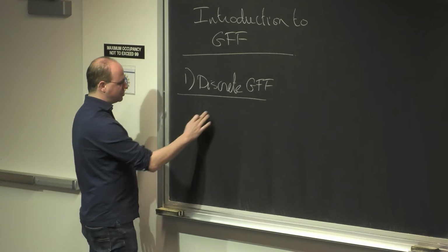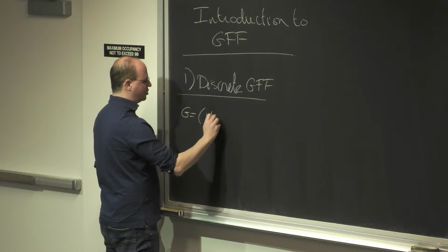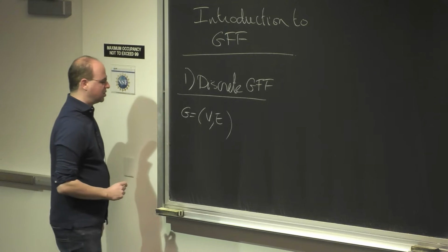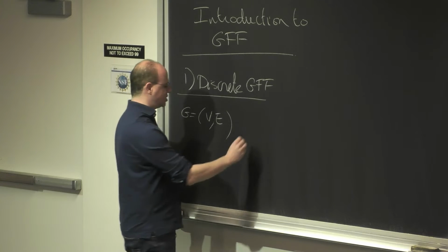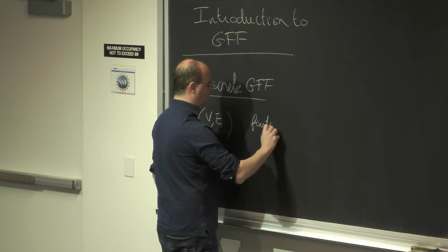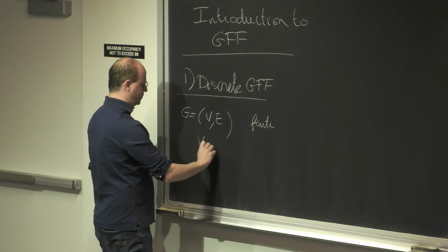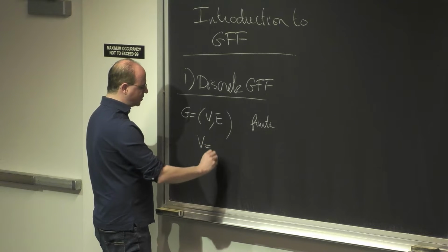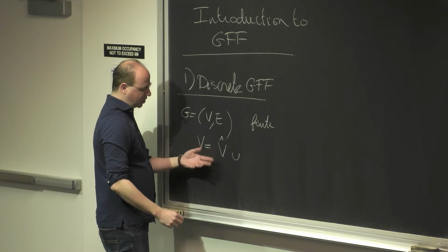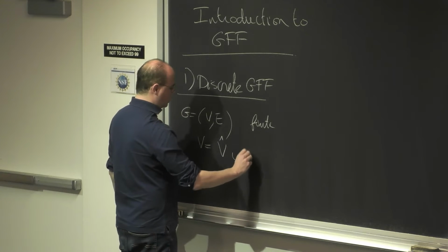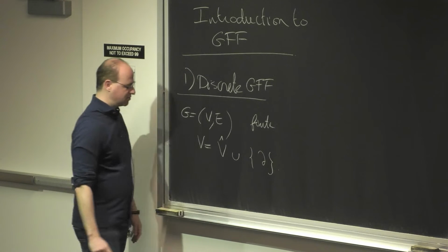So what's going to be the setup? I'm going to imagine that I have a graph G, which could be anything: a set of vertices and edges, let's say finite, but it doesn't really have to be. And I'm going to say that this vertex set consists of two things. One is the true vertices of this graph, and something else which I'll call the boundary of this graph.